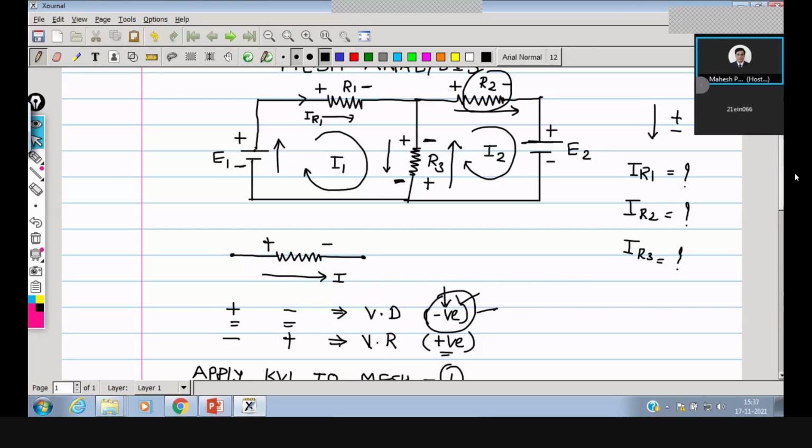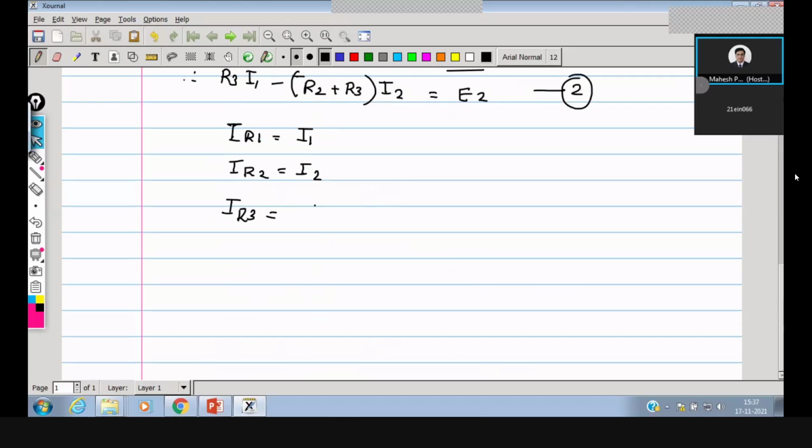According to that, you will get the value of IR3. It depends on the magnitudes of I1 and I2. I think the simple theory we have discussed, and how to solve these equations, is very simple. Are you with me, all of you? Yes, sir.